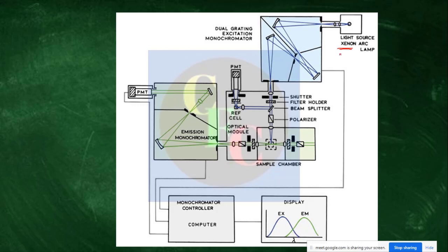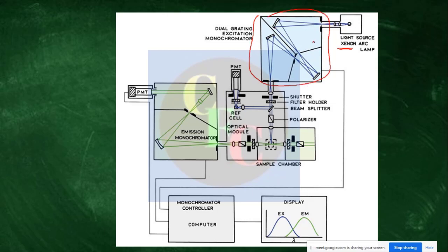This generates a continuum of visible and ultraviolet light, usually from 200 to 900 nanometer. Along with this, you have a monochromator. This square is the monochromator chamber system.